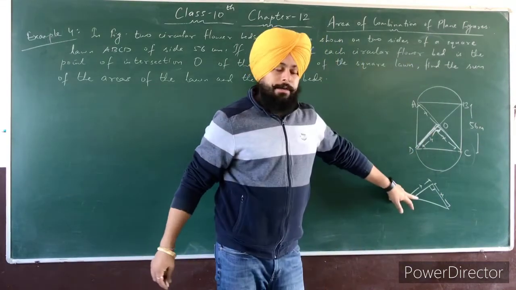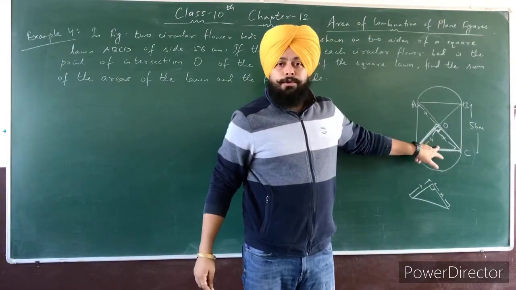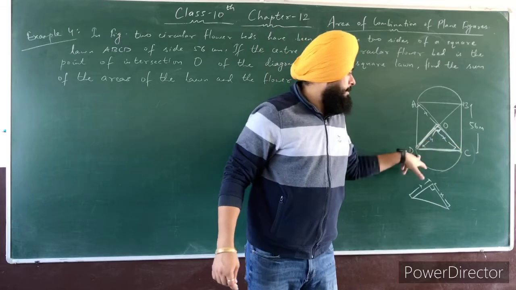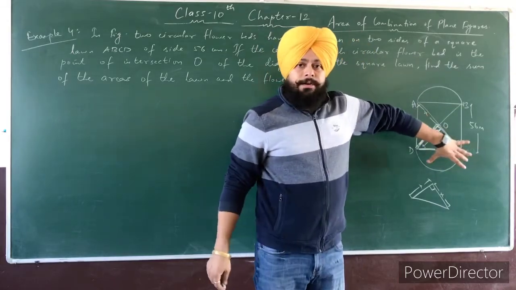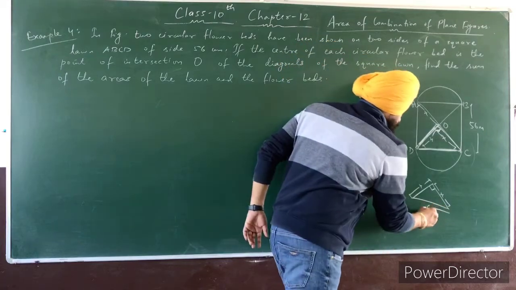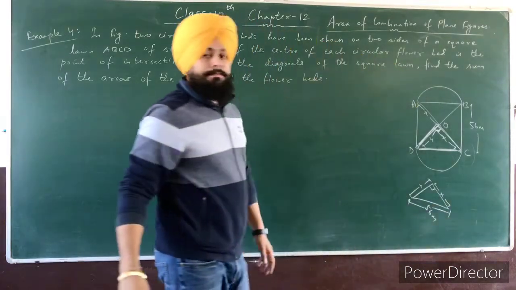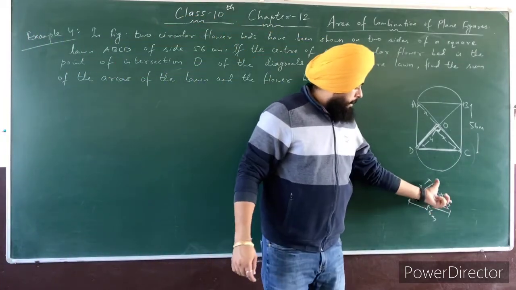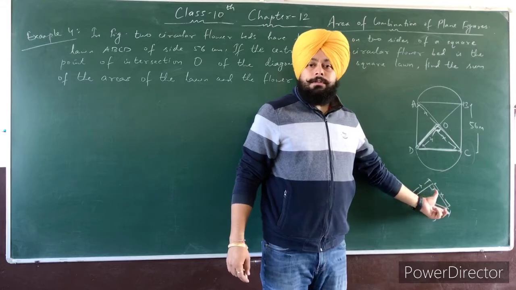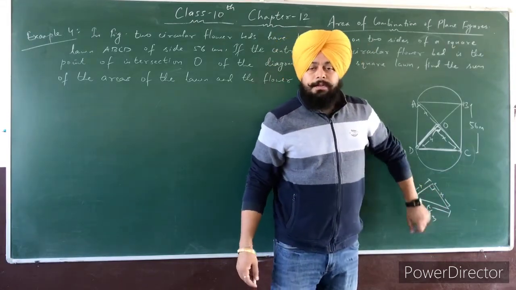This is the hypotenuse of this triangle, and its length is 56 because the hypotenuse is the side of the square, and its measure is 56. Now you can easily find the length of the other two sides. They are the same, that is x.